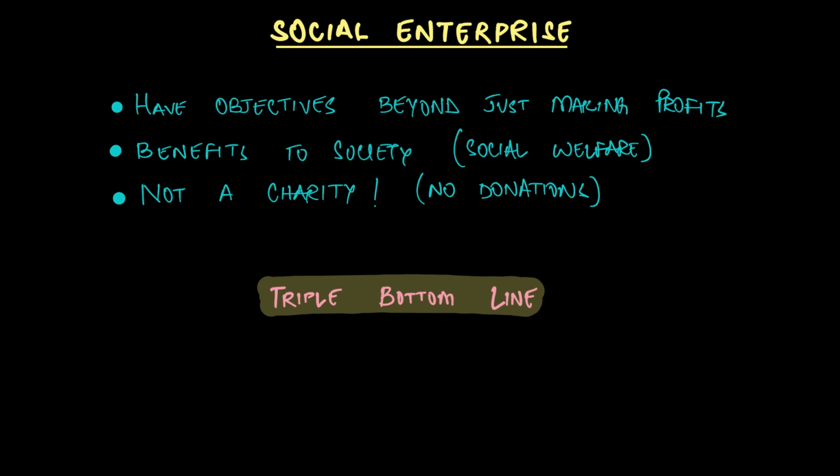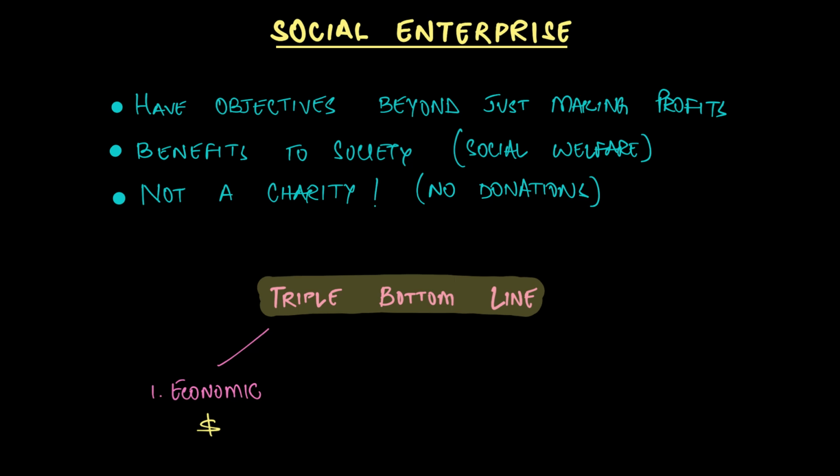The triple bottom line is collectively three objectives that all social enterprises will have. And they will all start with first making sure that they complete their economic objectives. Now, what does that mean? That means that whatever happens, the first objective is to make profit.